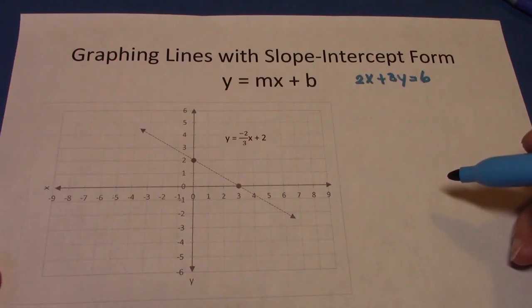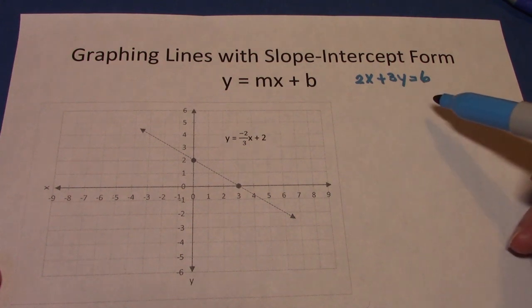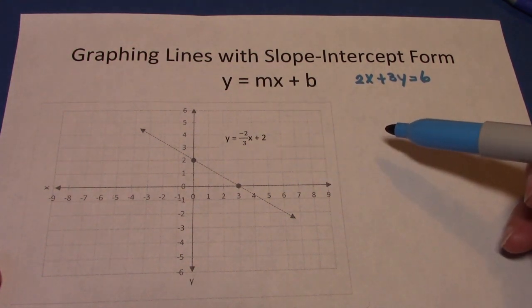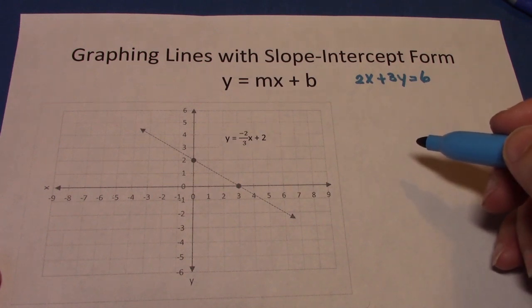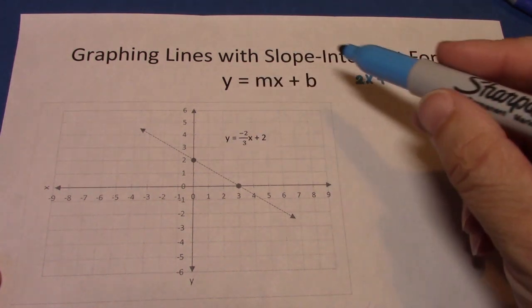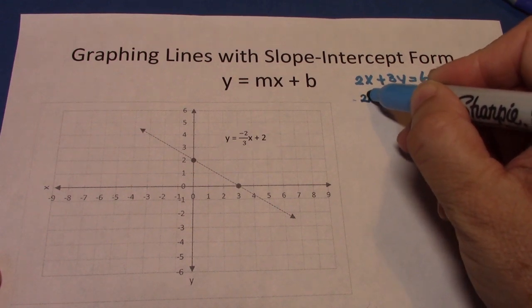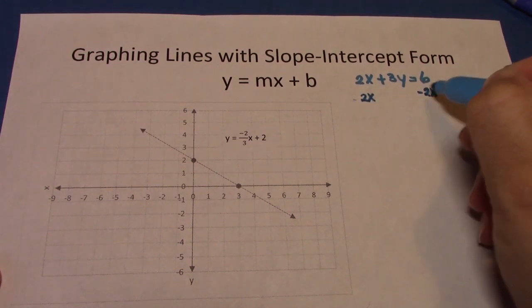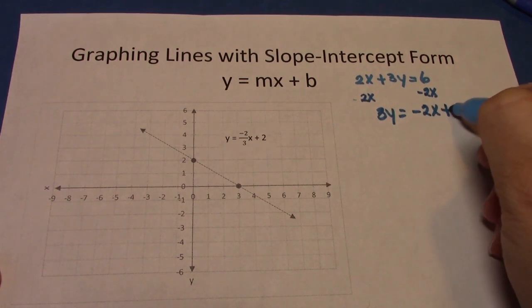We'll do another example of the slope-intercept form, but this time we're going to start with an equation that doesn't look like it's in the standard format. But we can get it in the standard format, and then we can graph that line. So we want to get y all by itself on this side of the equation. So what we'll do is we'll move the x's over to the other side. We get 3y equals -2x plus 6.